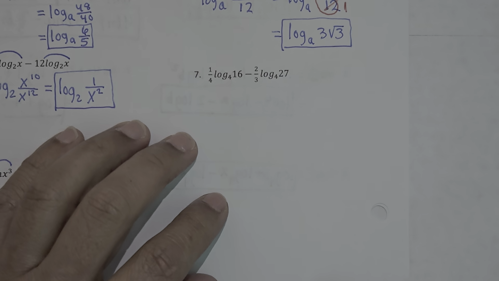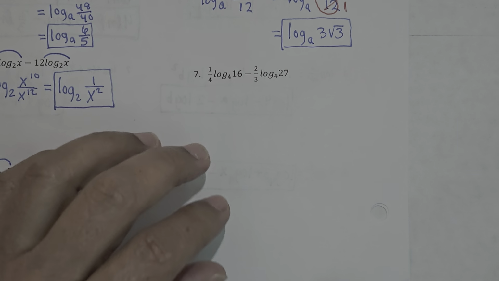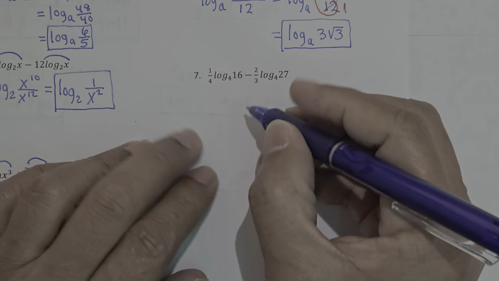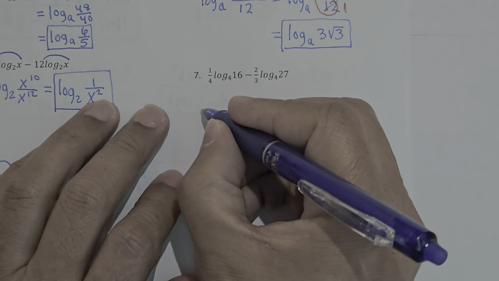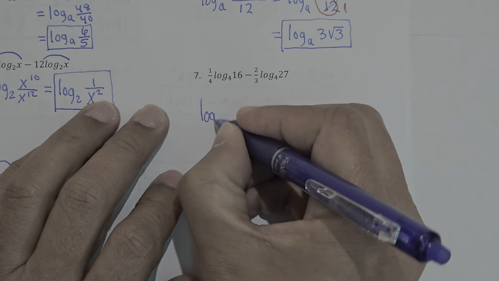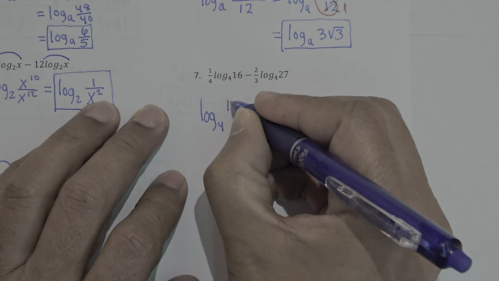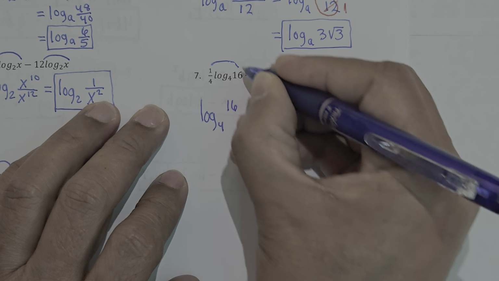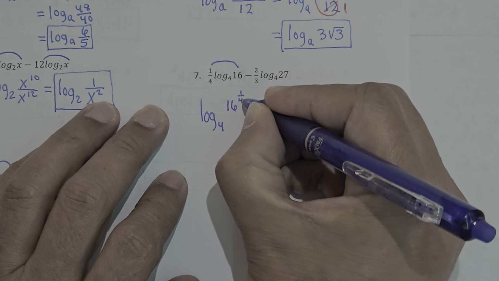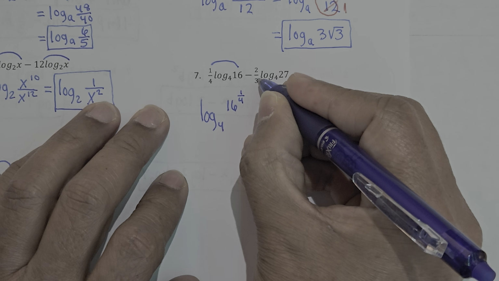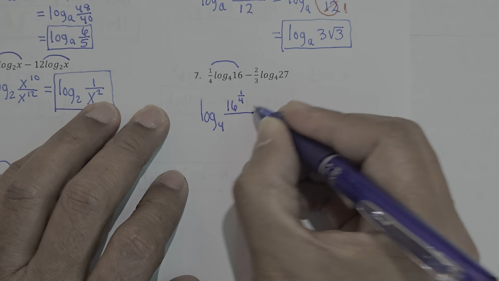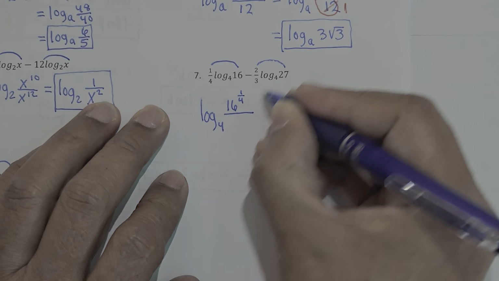Okay, for the last example, this one is fun to work with. What I'm going to do is I'm going to condense to a single log and then I'll simplify. So log base 4 of 16, that power applies to the 16, so 16 to the 1/4 power. And then this is minus, so that means that goes in the denominator, and this power applies to the 27.